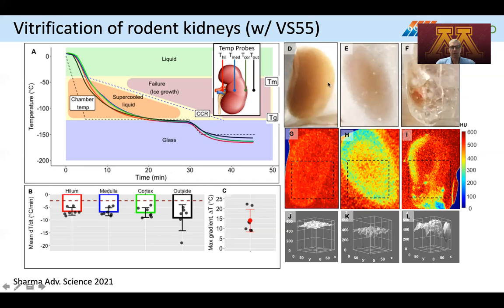And the interesting part about the work that we did here, much of this is just a repeat, if you will, of what Greg did. But now what we've done is we've actually added nanoparticles in this particular piece of work and shown that we can actually bring them back from this vitrified state. So we're showing we can perfuse this kidney full of CPA. We can show by micro-CT that it's vitrified.